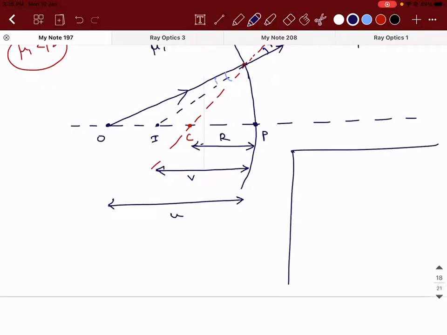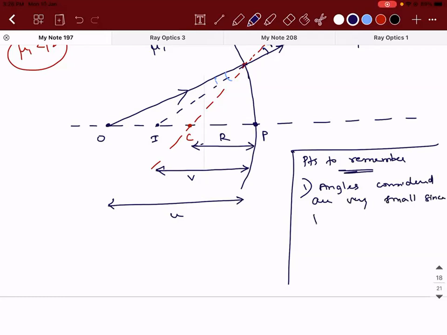Before we start, I need to mention certain points. So points to remember. First, angles considered are very small since the rays are paraxial.